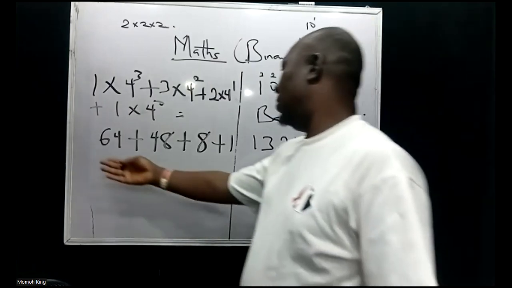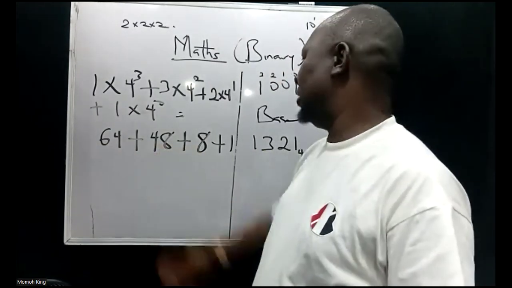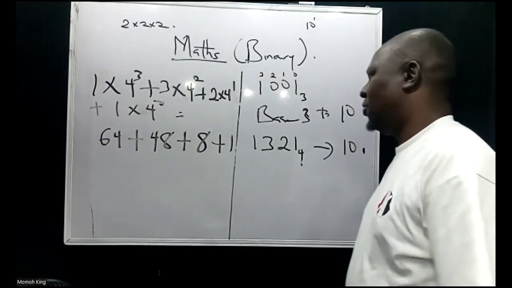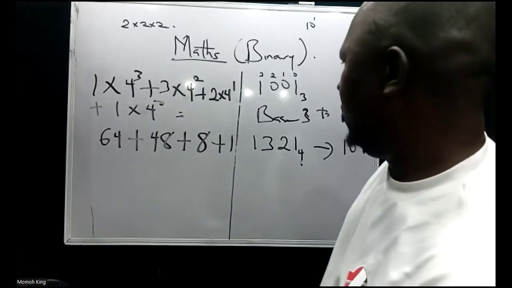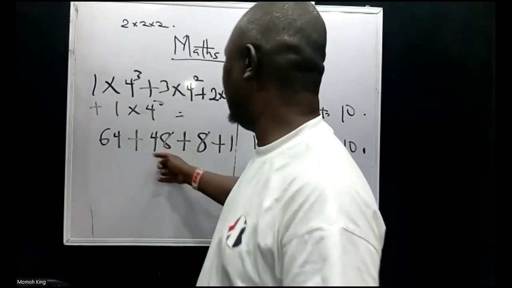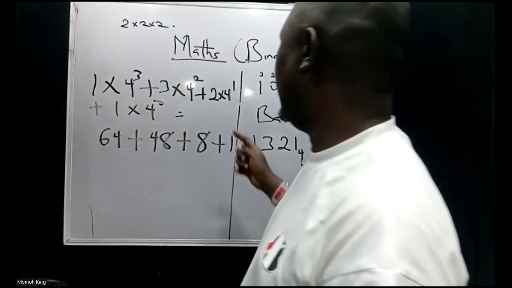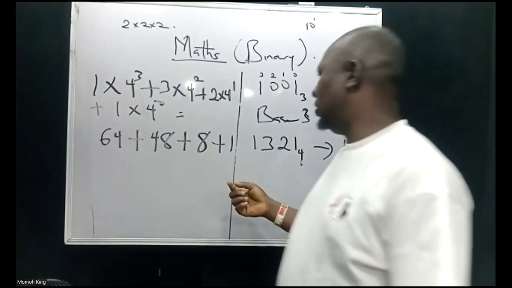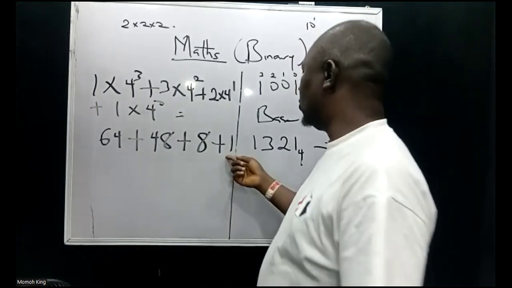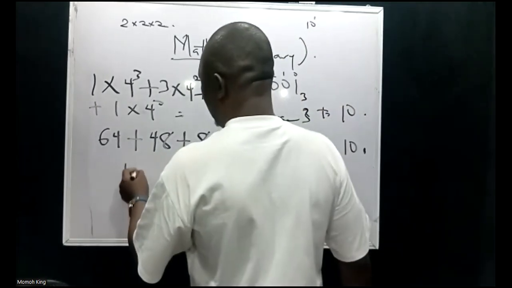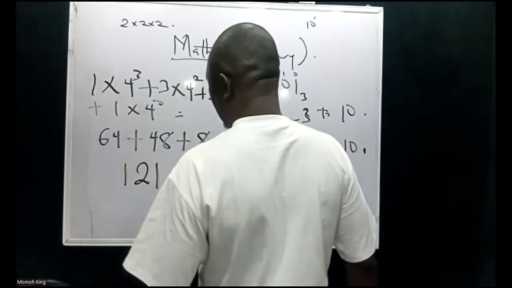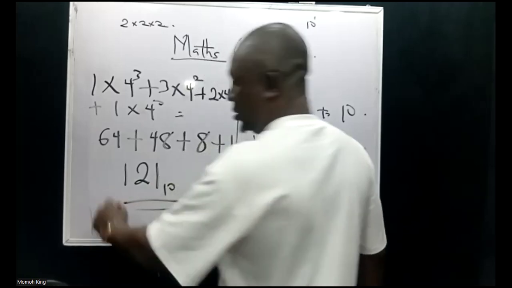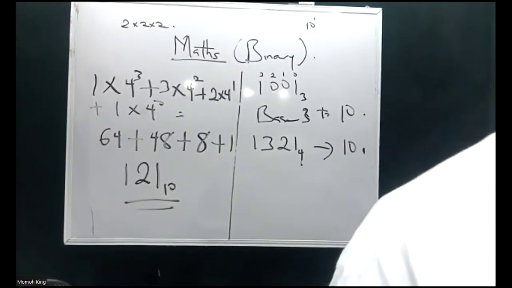Now, you sum it up. 64 plus 48, that is 40 plus 60, 112. 112 plus 8 is 120. 120 plus 1 is 121. Base 10. You got 121? Good.